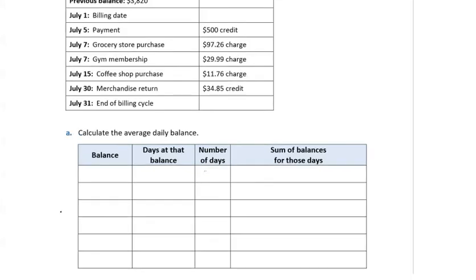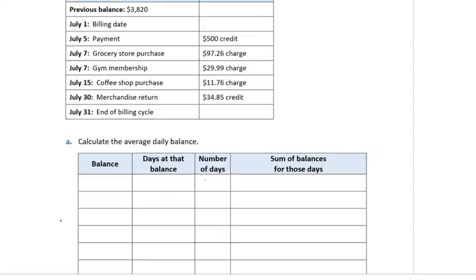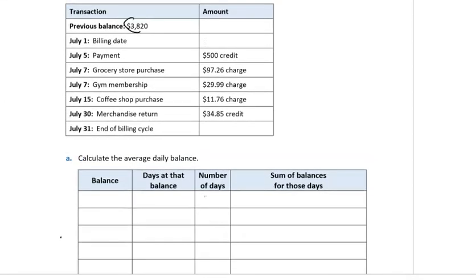We will begin with the previous balance listed in the directions, and we will place that in the first cell, $3,820. We will be at that balance from July 1st to July 4th. Notice on July 5th, something happened. But for 4 days, we will be at a balance of $3,820.